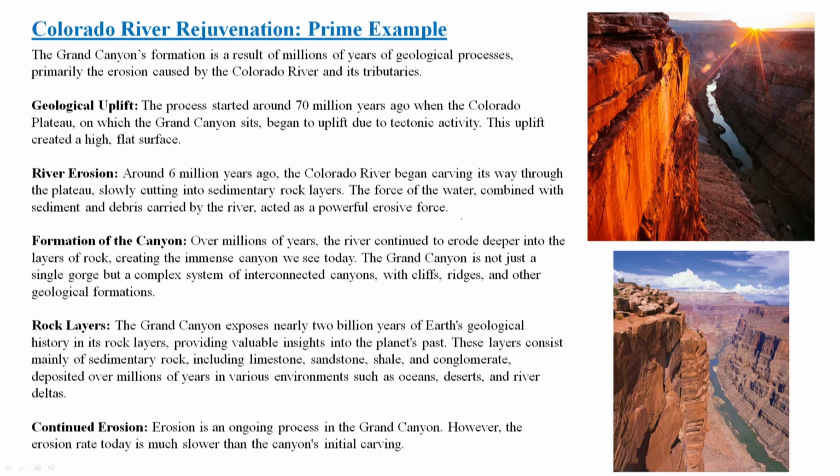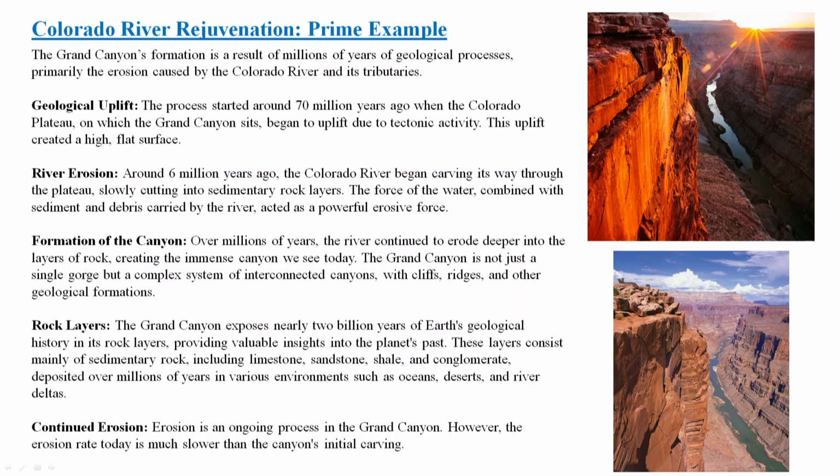This upliftment created a high and flat terrace, like you can see in this photograph. There you can also see there is a deepening of this Colorado River with time. The lower one is even deeper, so the Colorado River flow is even more deepened in the second photograph.